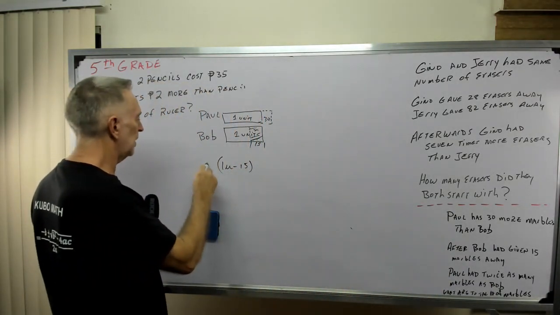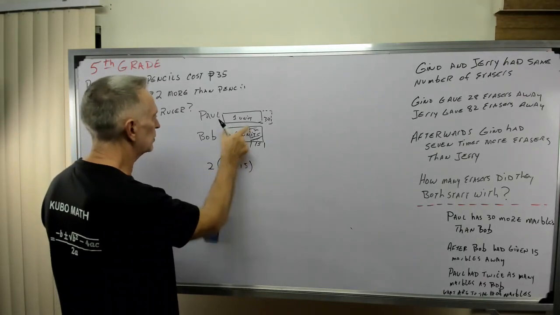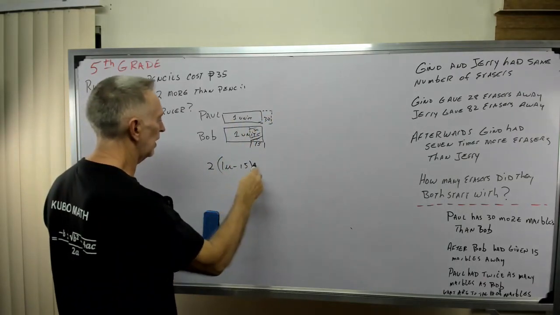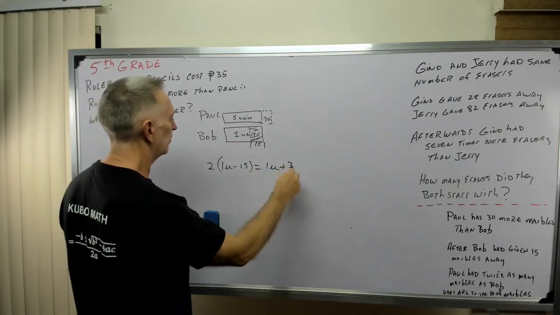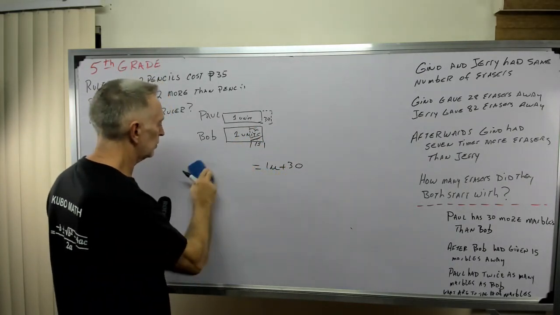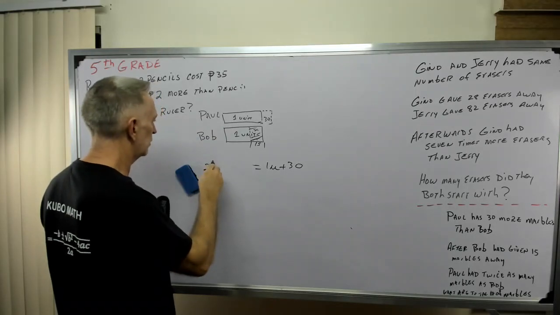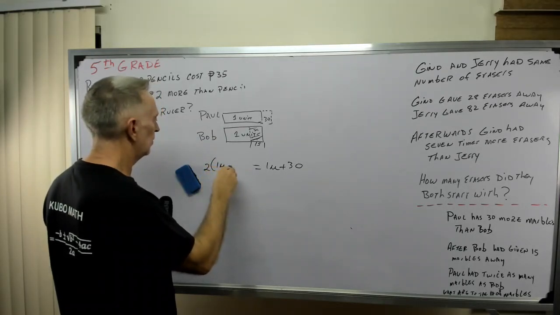So if this was Bob, twice times this would give me that. And what is that? That's 1 unit plus 30. Let me scoot this over. That's 2 times 1 unit minus 15.